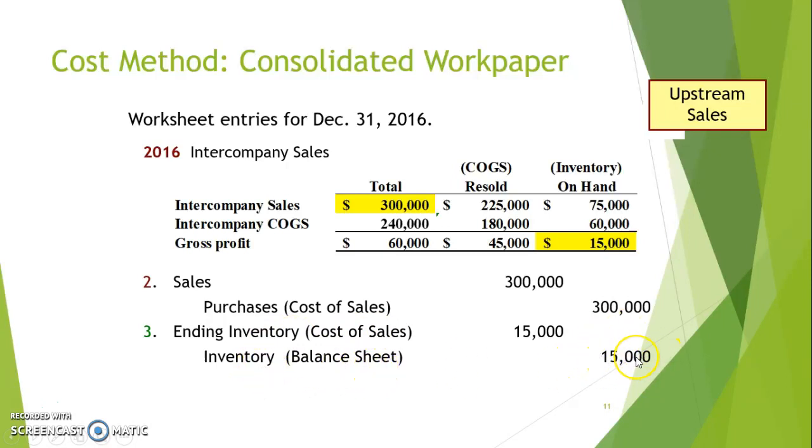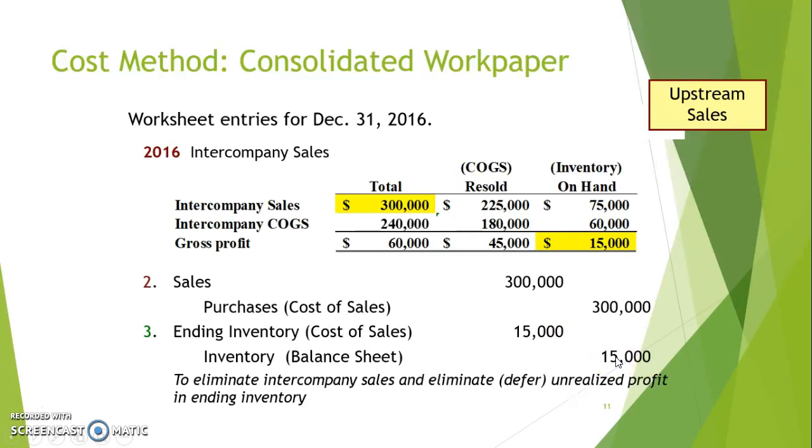This will reduce the inventory from the purchase price back down to the cost. So this will reduce it from 75,000 that is included in the inventory of the parent to 60 by making a credit to the inventory in the balance sheet.